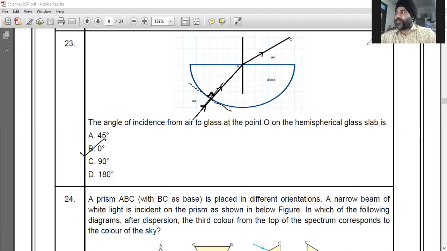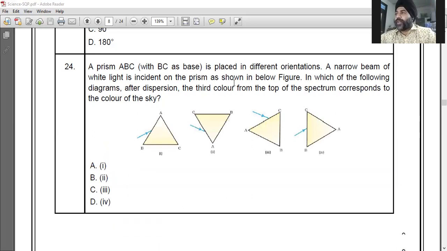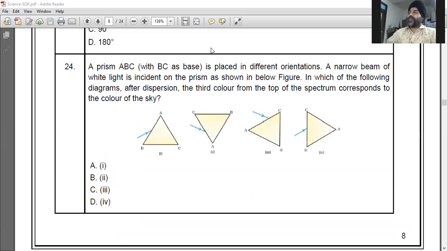Now, the last question of this section: a prism ABC with BC as base is placed in different orientations. A narrow beam of white light is incident on the prism as shown in the figure below. In which of the following diagrams, after dispersion, does the third color from the top of the spectrum correspond to the color of the sky?